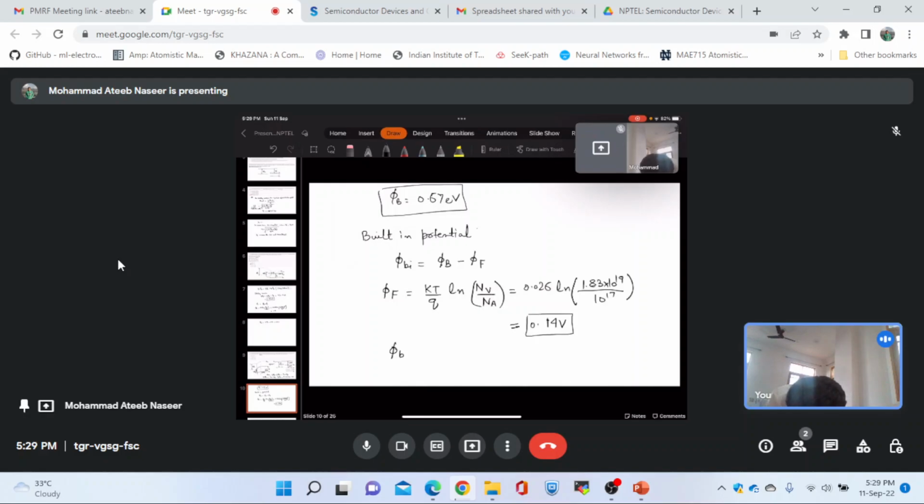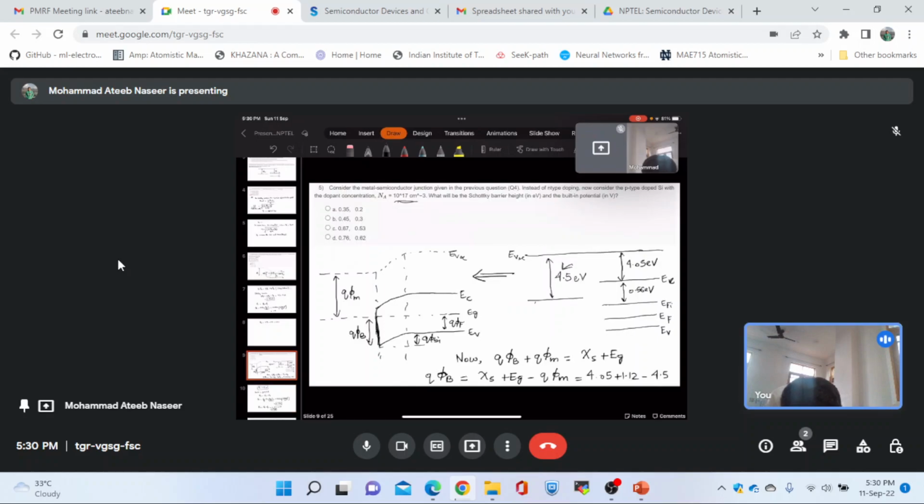We need to find the built-in potential, which is phi b minus phi f, and phi b came out to be equal to 0.67 minus 0.14, which gives us 0.53 volts. Now let's check the options. This is 0.67 and 0.53, and only option C matches our choice. So we will go with option C.